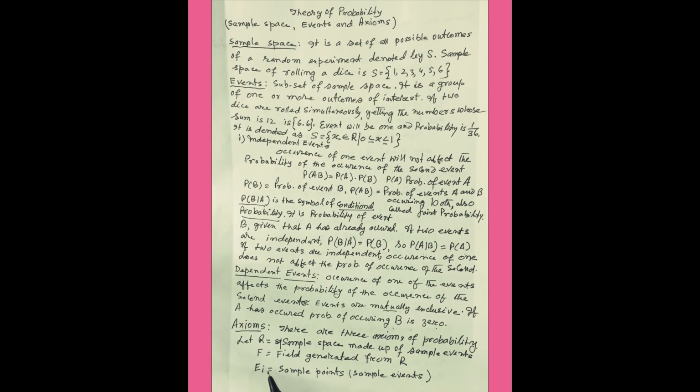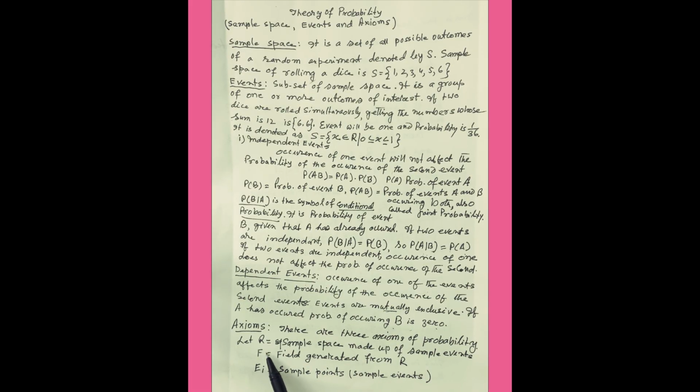Now axioms. What are axioms? The meaning of axioms is that they are self-proving. There is no need of experiment. There are 3 axioms of probability.